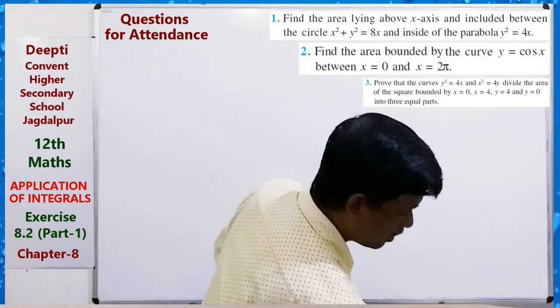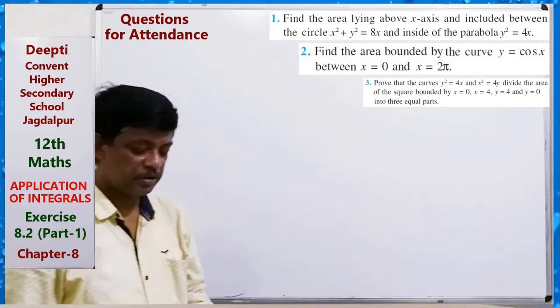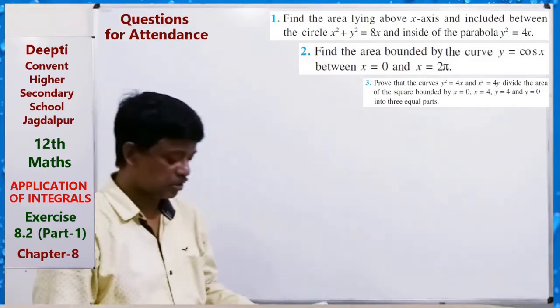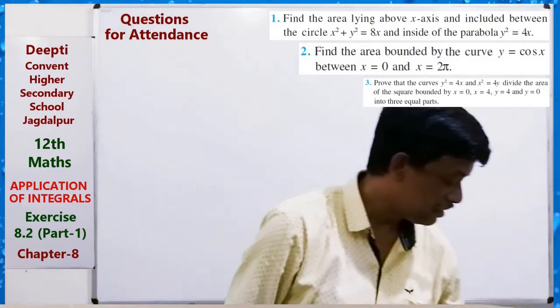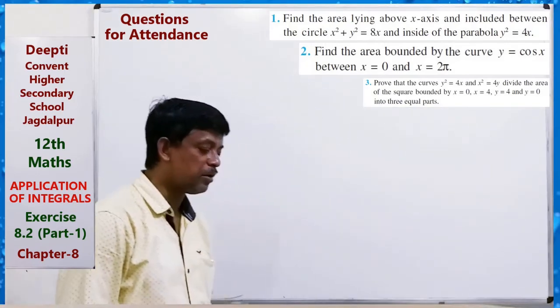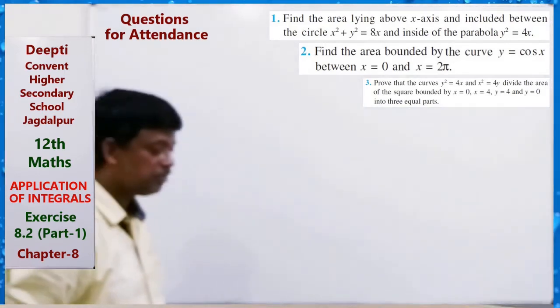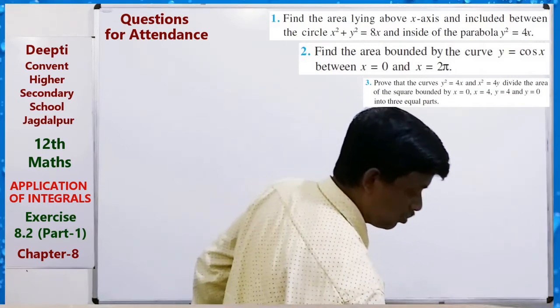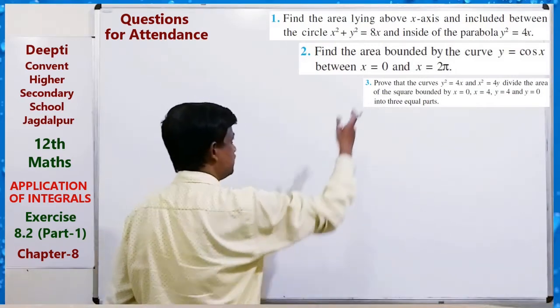Prove that the curves y square equal to 4x and x square equal to 4y divide the area of the square bounded by x equal to 0, 4 and y equal to 0, 4 into 3 equal parts. Clear?